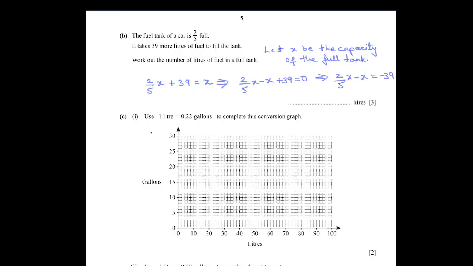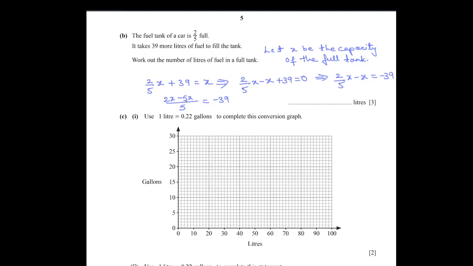Now 2/5x and minus x will be (2x minus 5x) by 5, that is equal to negative 39.